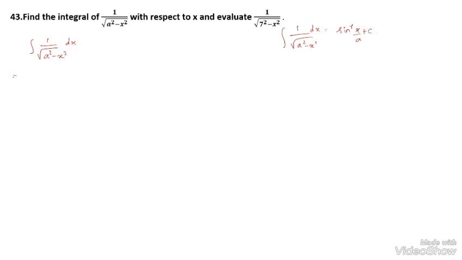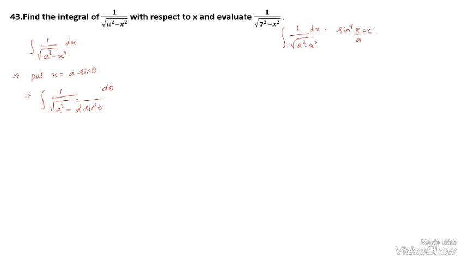Therefore, now I can put x is equals to a sine theta in this equation. That is integration of 1 divided by root of a square minus, here in place of x we have to take a sine theta, that is a square sine square theta into d theta.